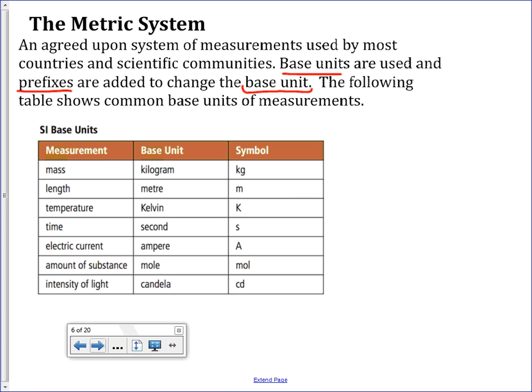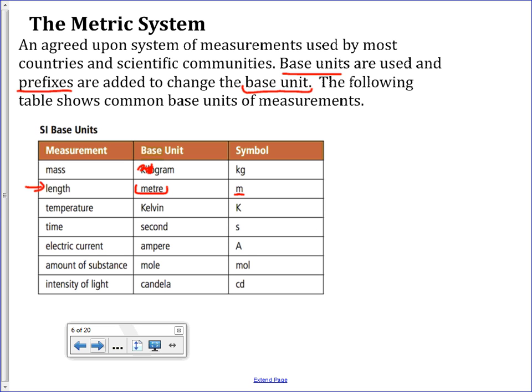The following table shows common base units of measurements. So when we deal with length, for example, our base unit is going to be the meter. And the symbol given for that is a lowercase m. When we deal with mass, our base unit will actually not be the kilogram, it will actually be the gram.